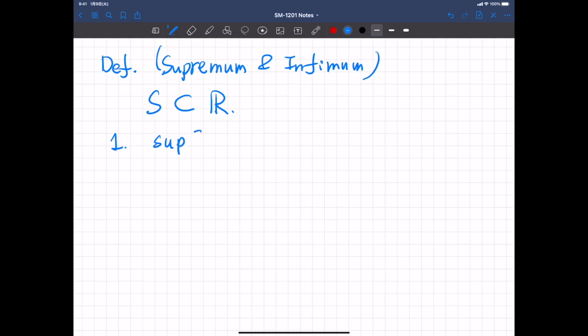So sup S is defined as the least upper bound of S. Of course, an upper bound must exist in this case. Okay, if it doesn't exist, we cannot define supremum. Okay, so supremum of S.